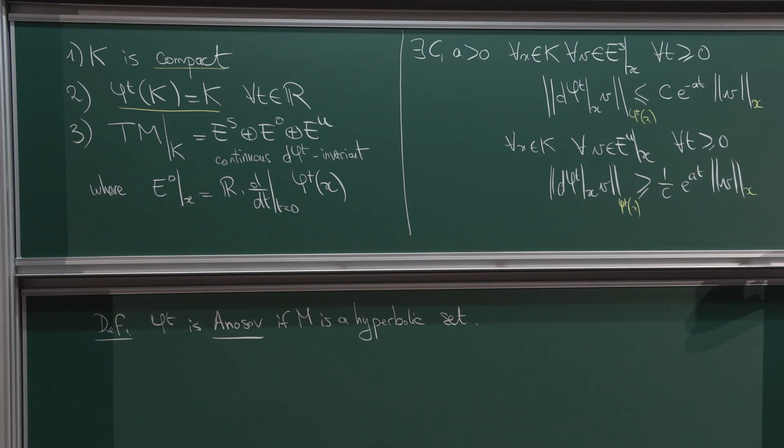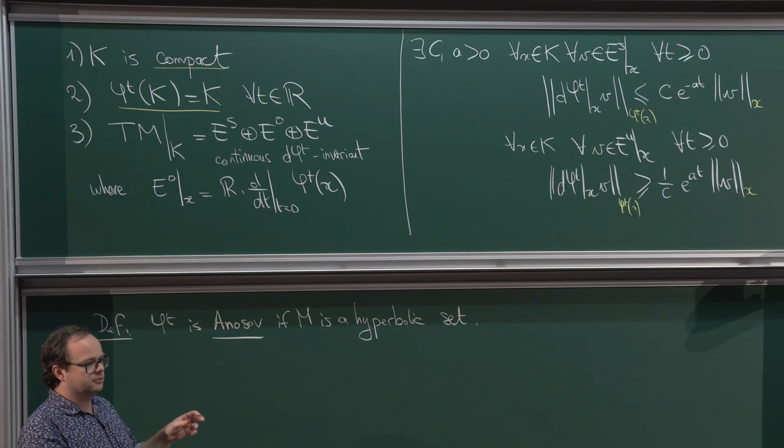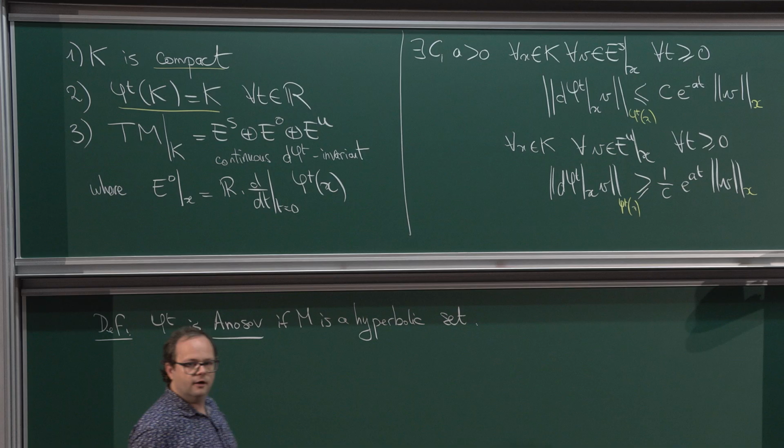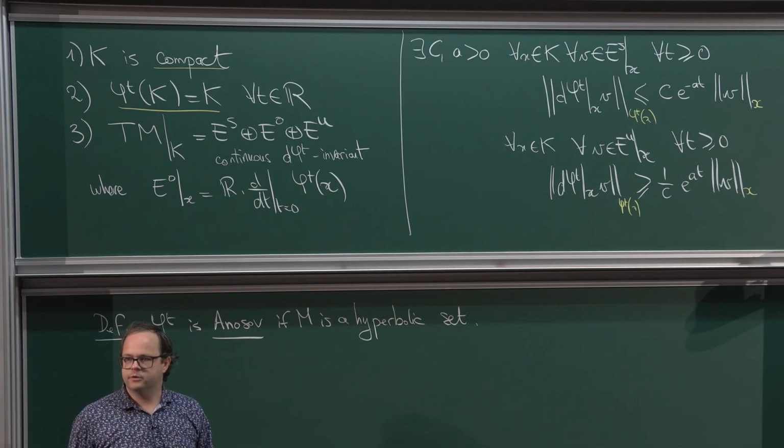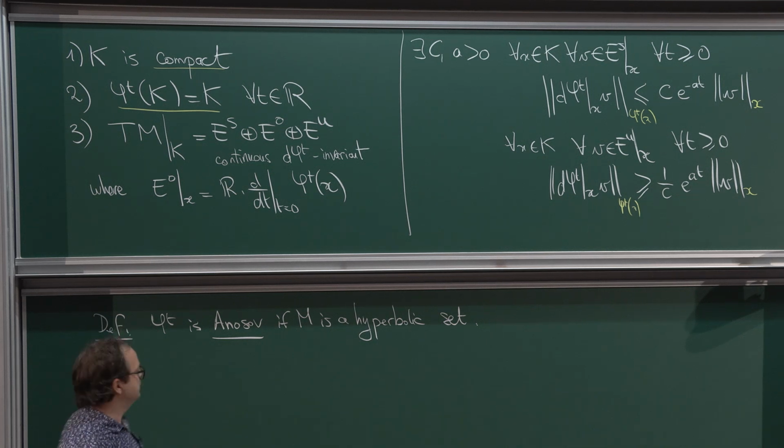And here we're going to have to deal with some more general flows than Anosov, essentially, because Anosov means that you have this contraction, dilation of vectors everywhere in the manifold. But we're going to allow for some flows that may have some dynamics only happening on some subset of the manifold, and not everywhere. And we'll want this contraction, dilation thing to happen where the dynamics is actually happening.